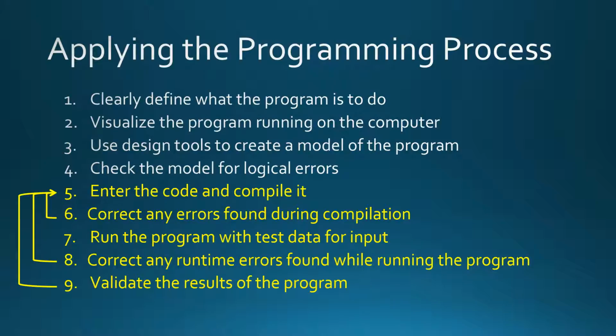Step 3 is use design tools to create a model of the program. Well, again, in this assignment and most of the early assignments in 160, that's done for you. The software architecture is defined in the assignment. It's one class with one method, the main method, and that main method has been described, its logic has been described by a high-level algorithm.